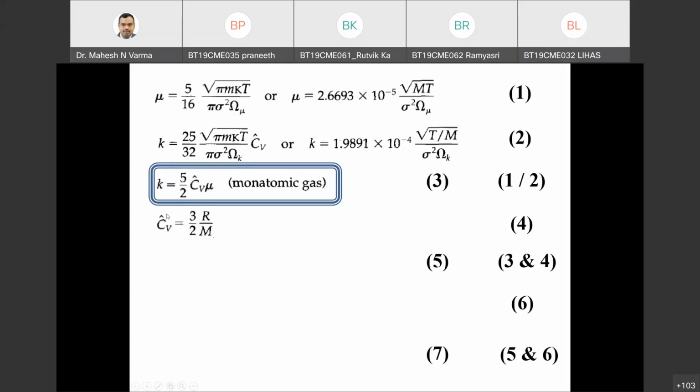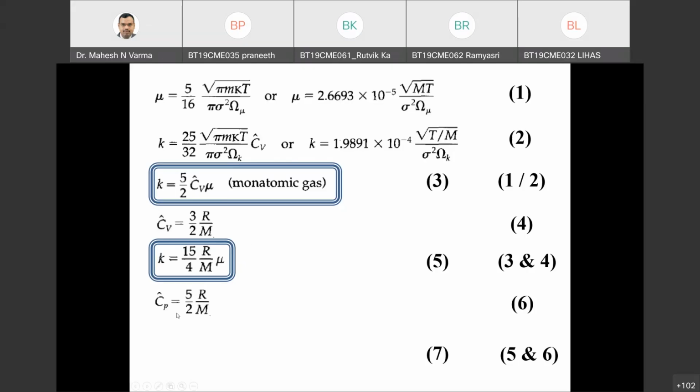This molar heat capacity at constant volume can be related to the gas constant. Substituting this here, I can get the thermal conductivity using the gas constant: 15 by 4 R divided by the molecular weight of the gas, multiplied by viscosity.